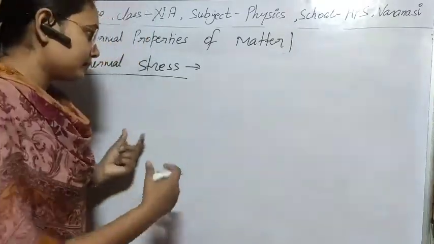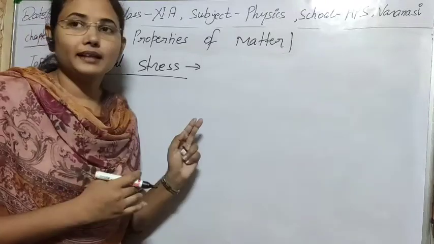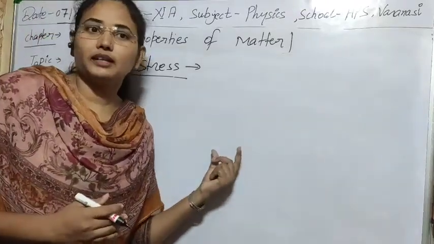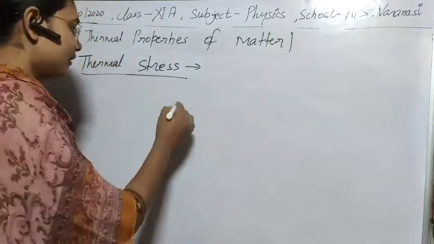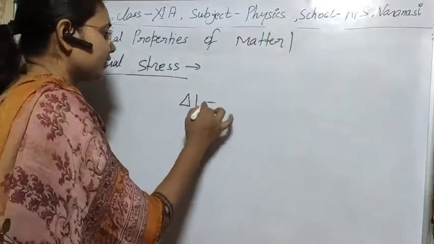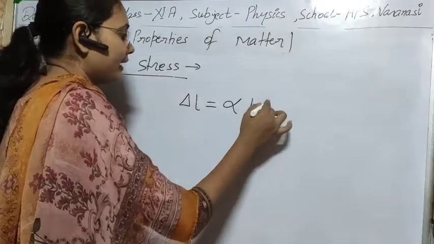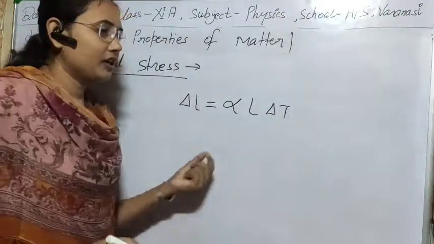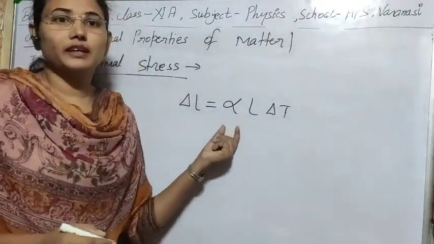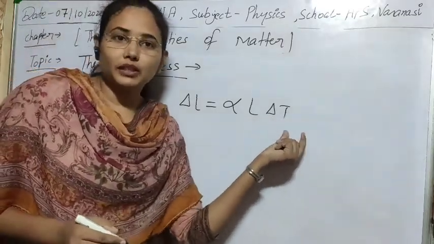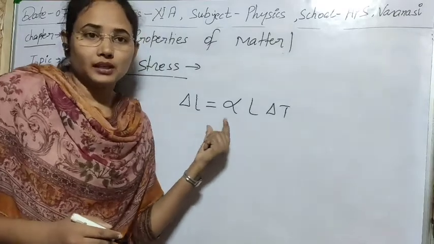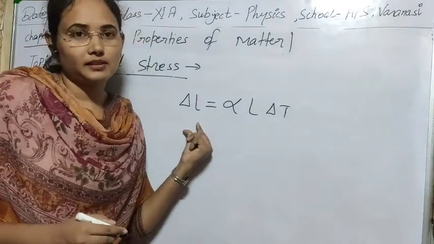We already have the formula for linear expansion: change in length is equal to alpha L delta T, where alpha is the coefficient of linear expansion, L is the original length, and delta T is the change in temperature due to which the change in length takes place.